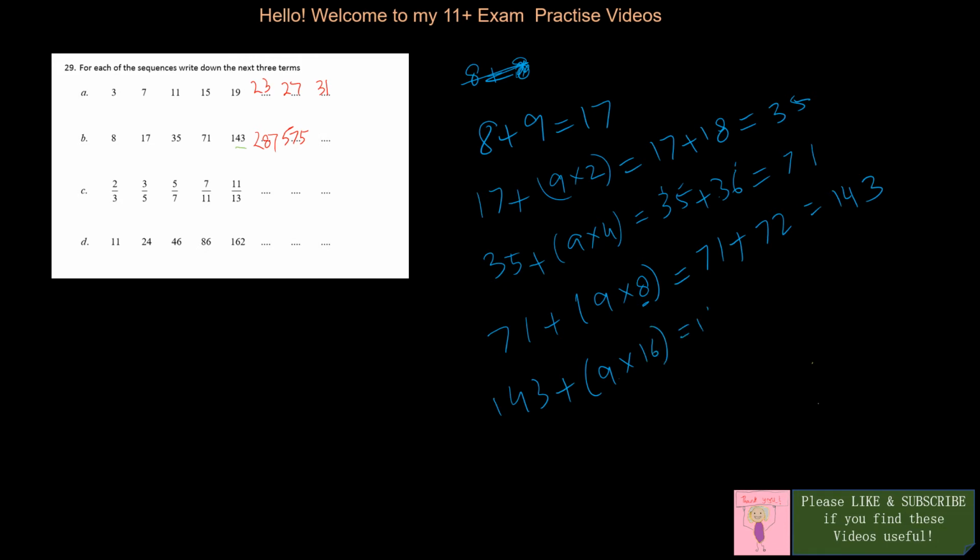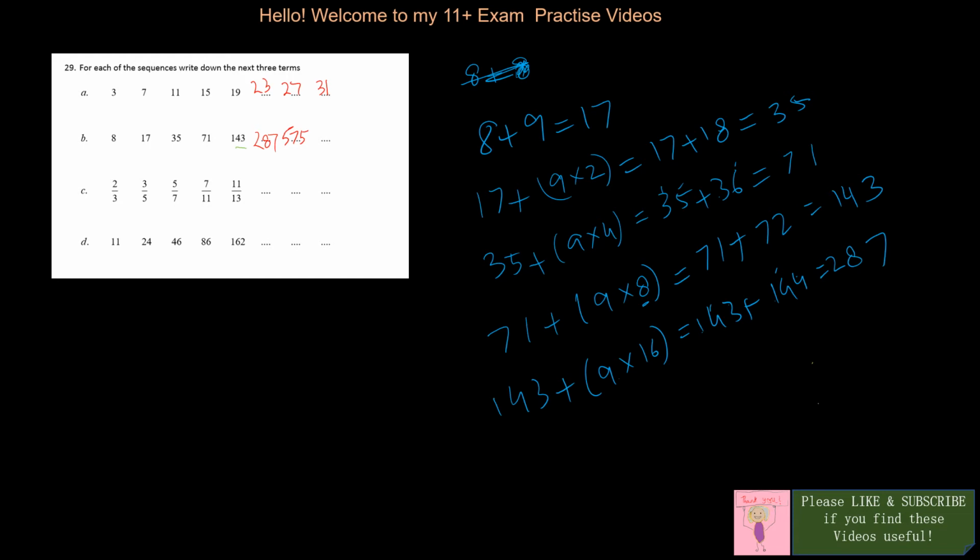That is 143 plus 144. So our total is 287, which is correct.